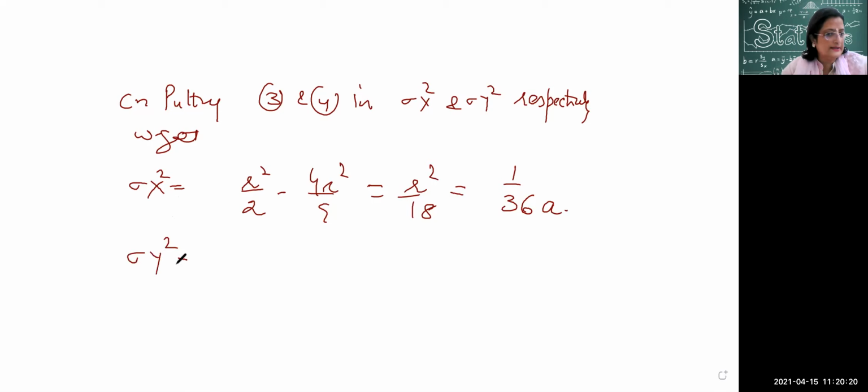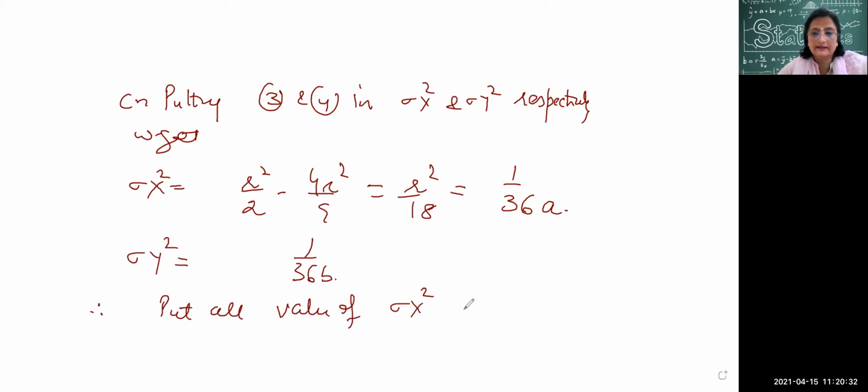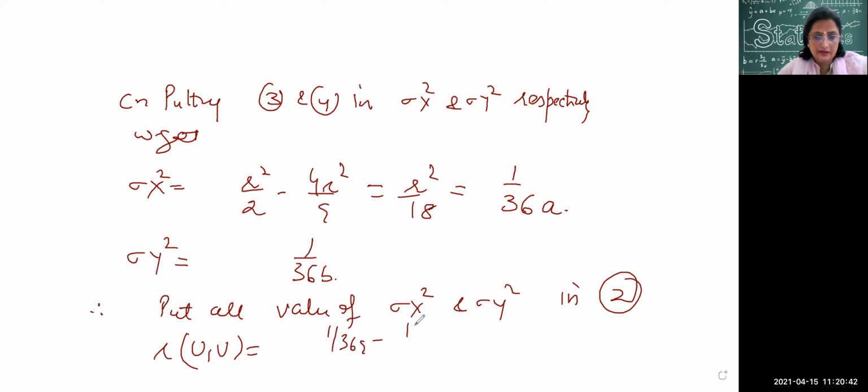Similarly, sigma y square comes out to be exactly the same, 1 by 36b. Therefore, put all values of sigma x square and sigma y square in number 2. Therefore, RUV is equal to 1 by 36a minus 1 by 36b, right?